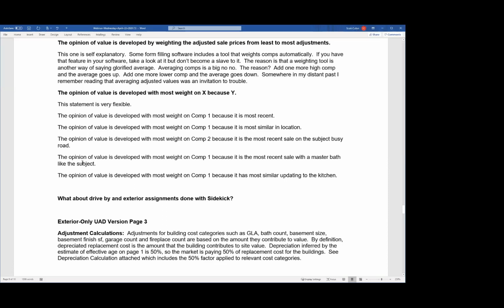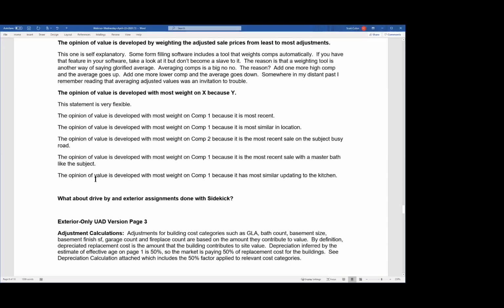So maybe we've got a neighborhood built in the 50s and master baths are rare, but now people want master bathrooms, and there's only one comp that has it. And after all the adjusting's done, we get down to similar adjusted values because we can pretty much know what to adjust that for. But still, the one that has it would get the most weight in my mind. It just makes sense.